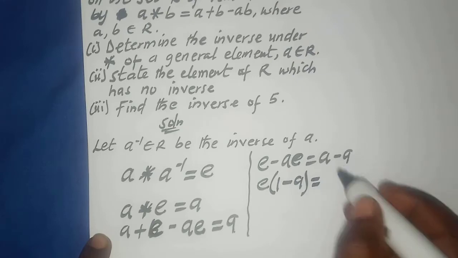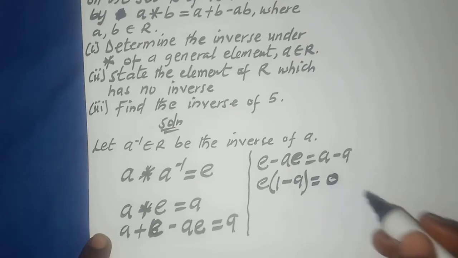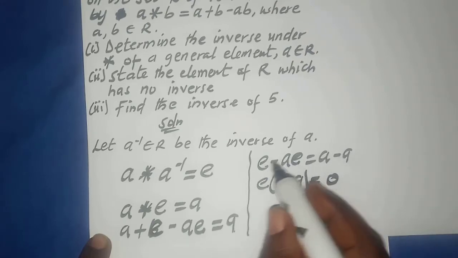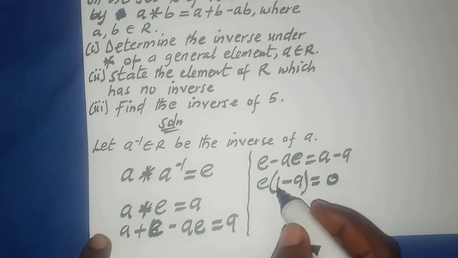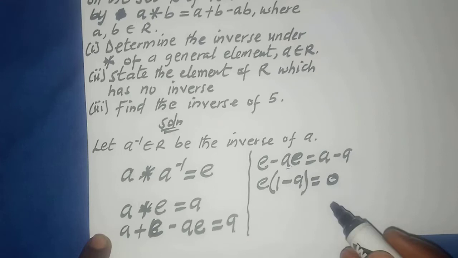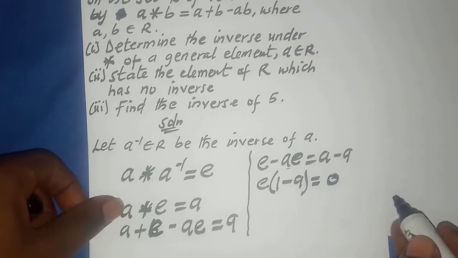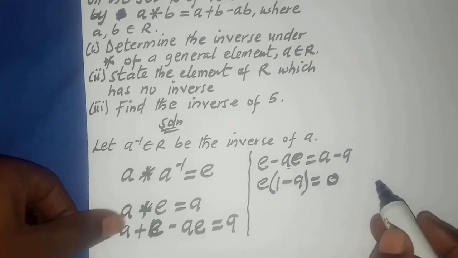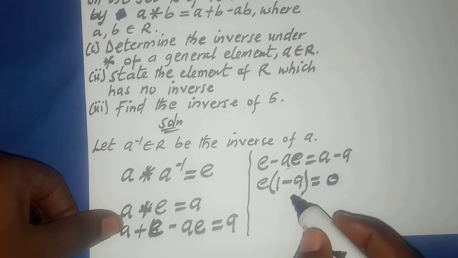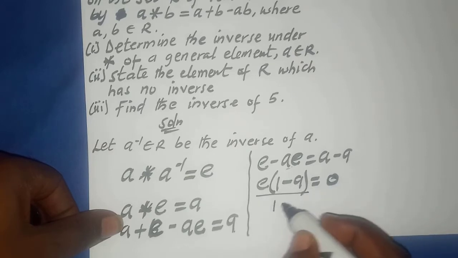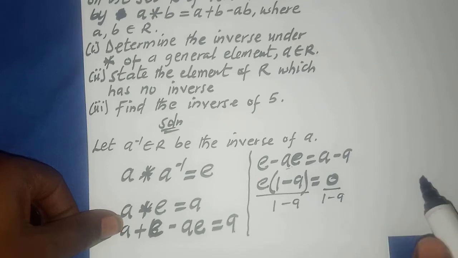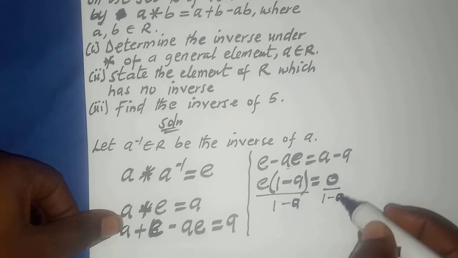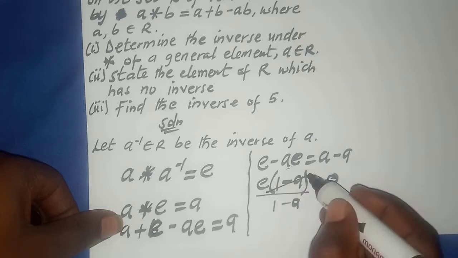This is equal to A minus A, which is 0. These are two terms for which E is a common factor, so I factor it out. I'm left with 1 in the first term minus A in the second term. Our identity element is E, so we have to make E the subject by dividing through by 1 minus A, for which this will cancel this.